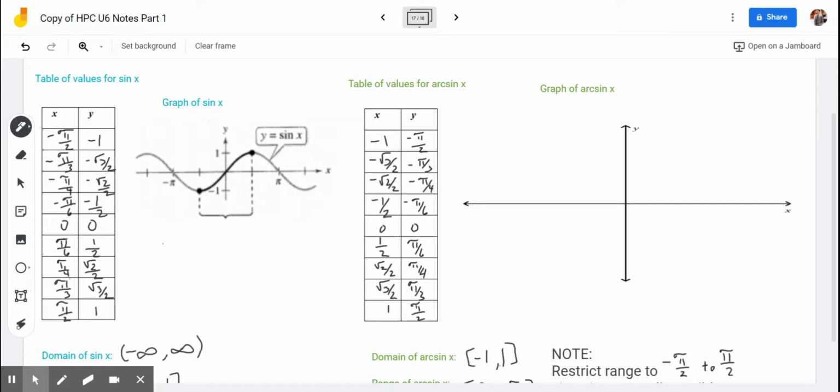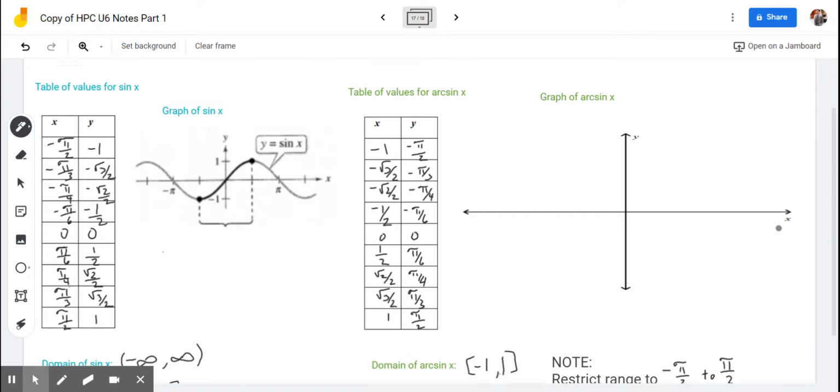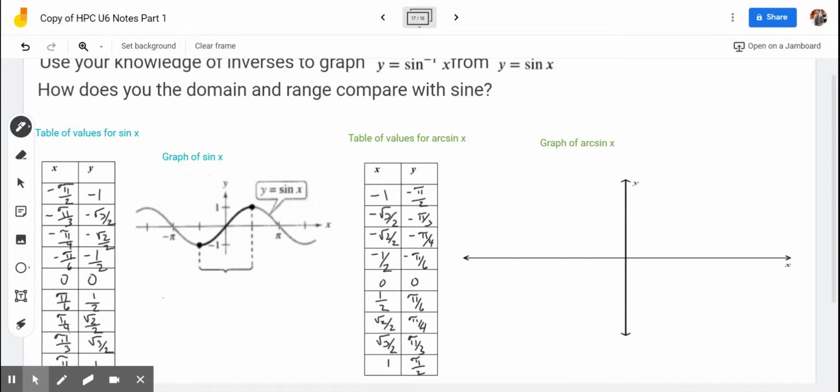All right, so let's graph a little so that we have an idea of what's happening. So we'll be at -1, +1 there. We know it's going to be a point at 0, 0. And then -pi over 2, so it's a little bit past -1.5.